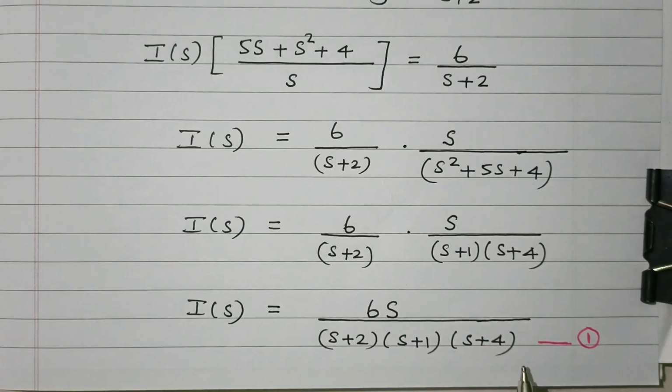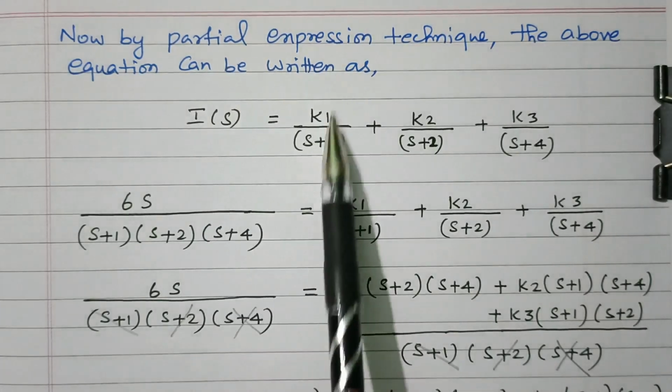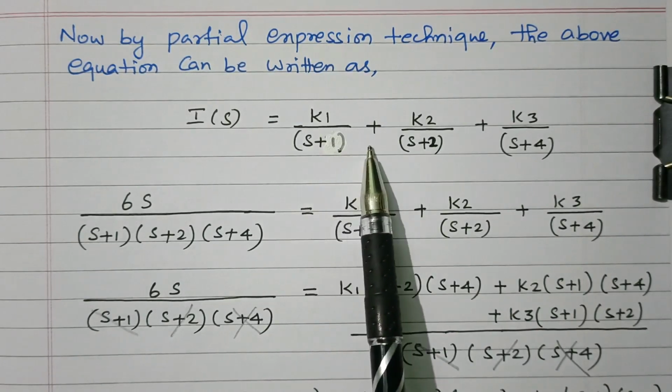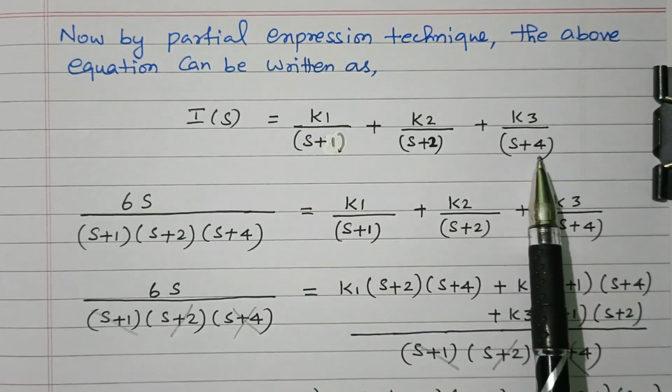Now we'll use the partial fraction technique in order to split this term. Only after splitting can we take the inverse Laplace. Now we'll see how to apply the partial fraction technique. By partial fractions, the equation is written as k1 divided by s plus 1 plus k2 divided by s plus 2 plus k3 divided by s plus 4.